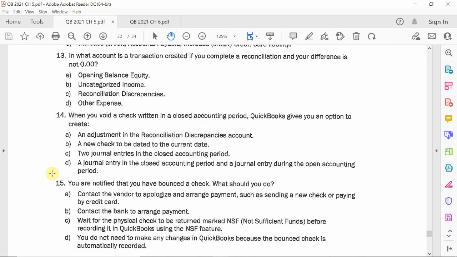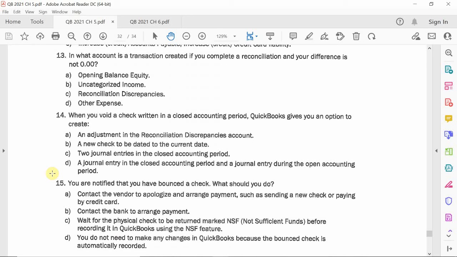Okay. Number 14, okay, when you void a check written in a closed accounting period, and QuickBooks gives you an option to create what? Is it D?